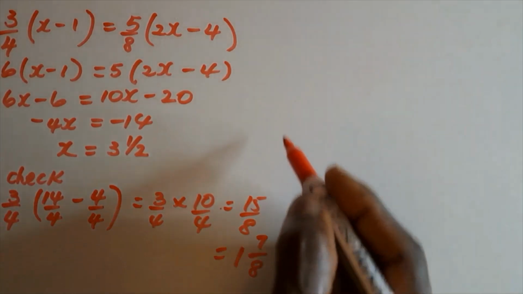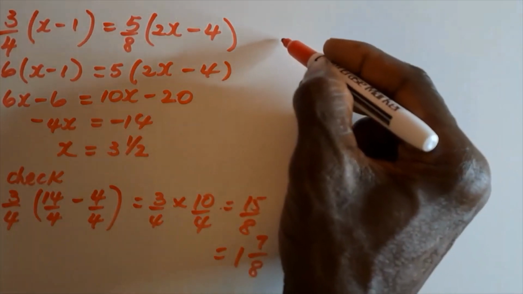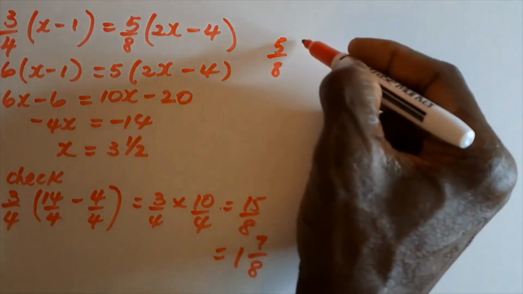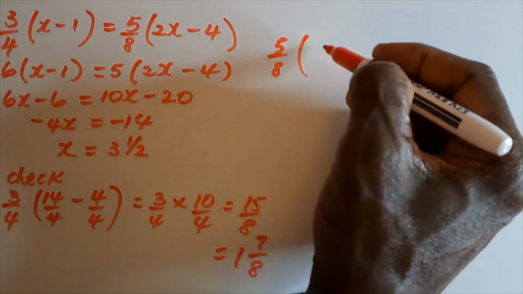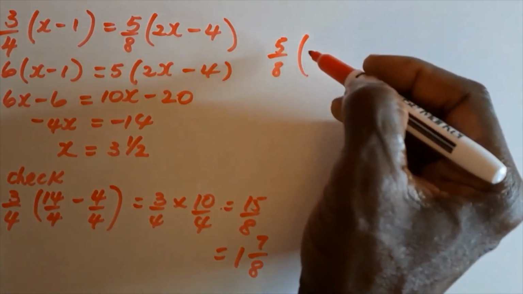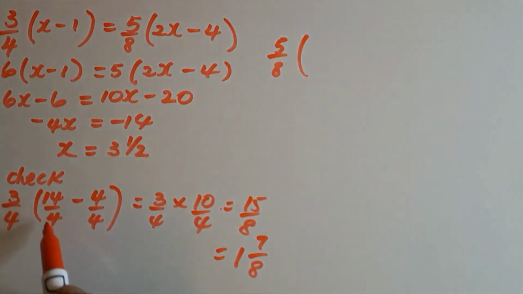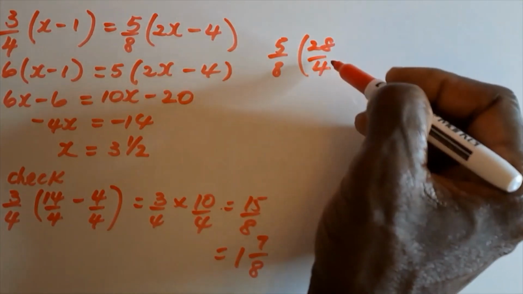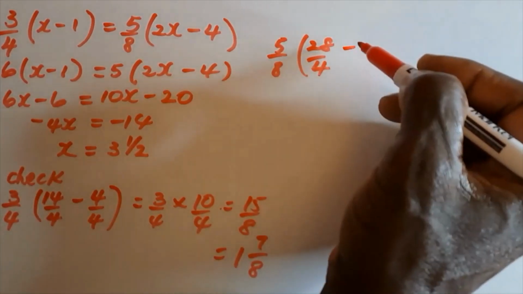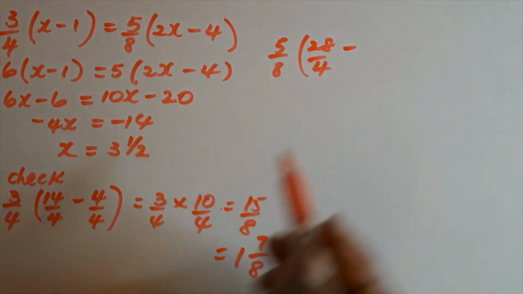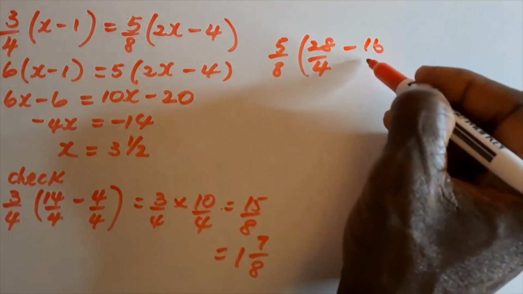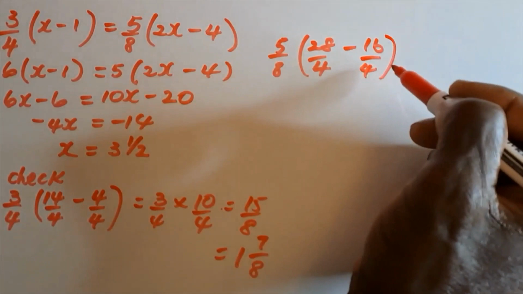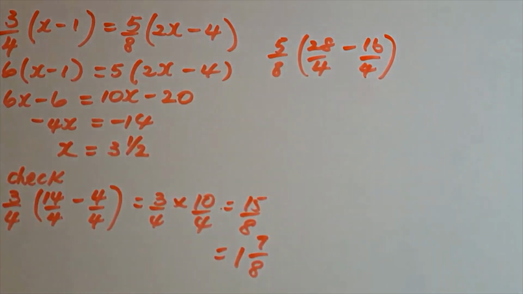If you look at the right hand side, we'll have 5 over 8, 2x, it's 2 times 14 over 4, will give us 28 over 4, and we're subtracting 4, and 4 is the same as 16 over 4, so you have a common denominator.